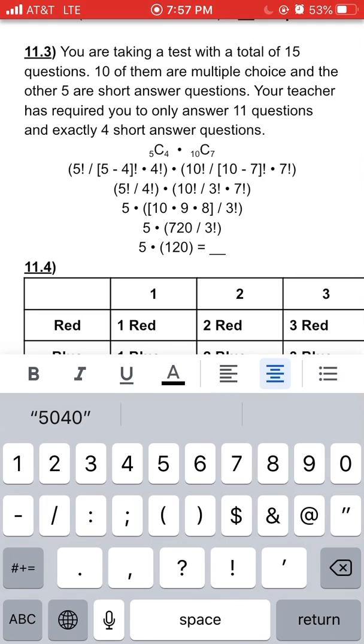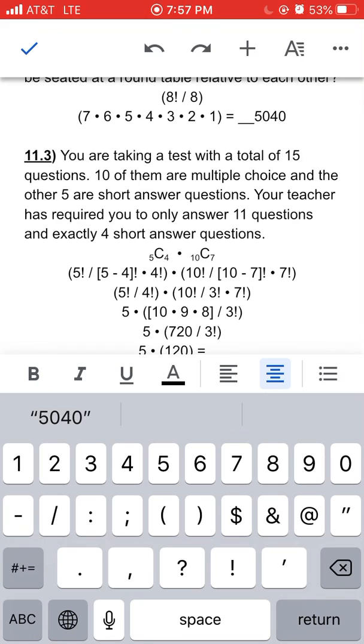All right, so for this one, we're going to be using the combination formulas. So parameters are your teacher has required you to only answer 11 questions, but the most specific parameter is that you have to answer exactly four short answer questions.